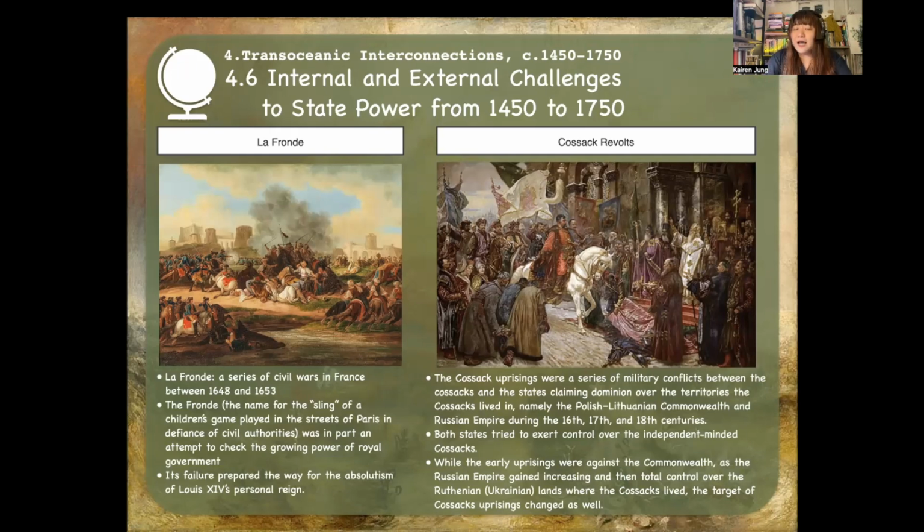But at this time, what was the Fronde? It was a series of civil wars in France, right? And it failed, preparing the way for the absolutism of Louis XIV's reign, right? The Fronde essentially was part of an attempt to check the growing power of royal government.